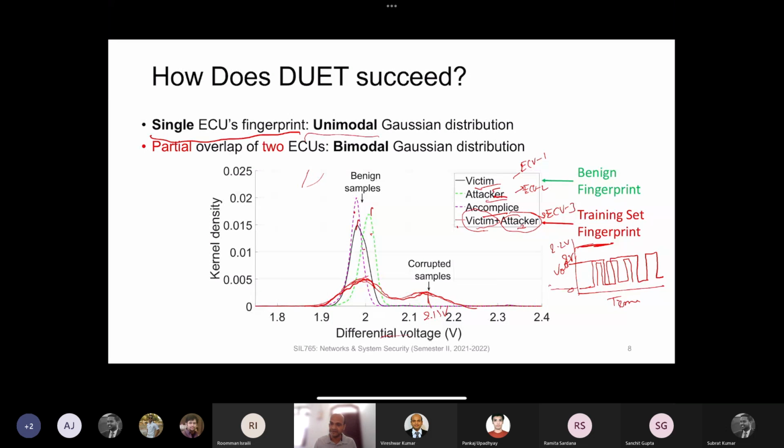Think about which is easy to attack. Exactly, I will get to that. If you just look at the mean of the victim, you will see the black curve. The mean of victim plus attacker will be different, probably somewhere around 2 point something.